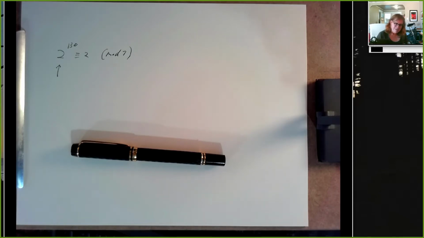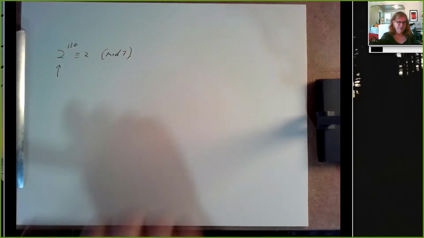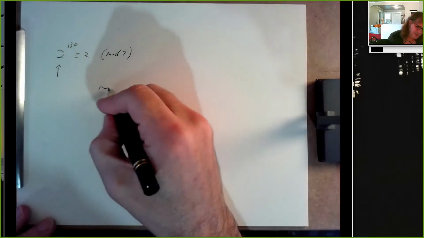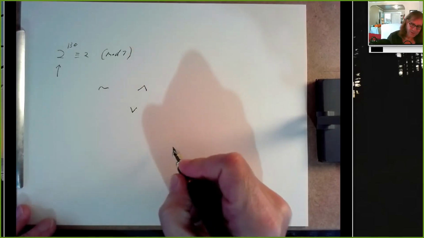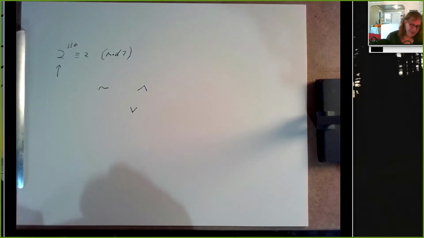It will be a Canvas quiz. I will give you some suggestions for how to type things, like if you need to write propositional equations, right? I'm going to suggest you use a tilde for not, you use a caret for an and, you use a v for an or, and you use lots of parentheses.